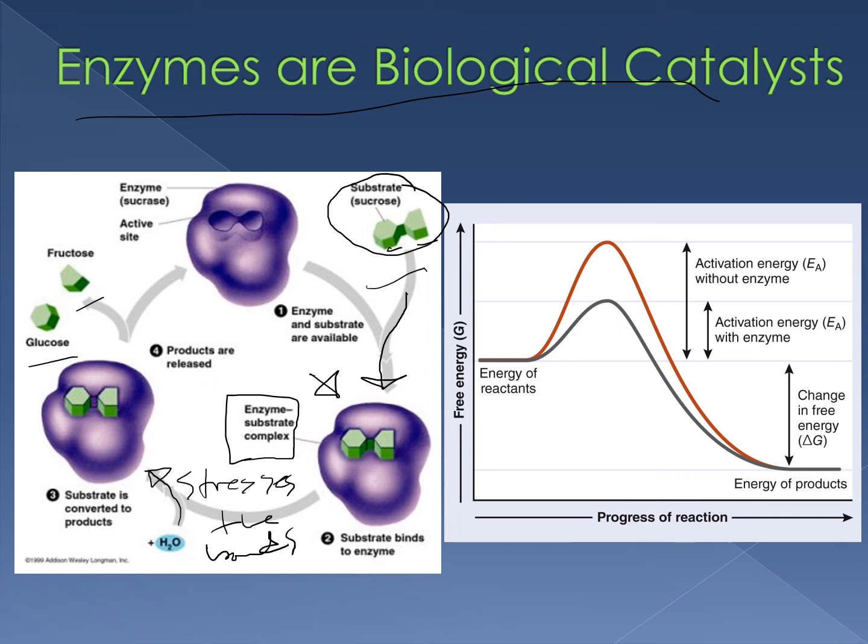It's a reactant. H2O is involved in the hydrolysis of sucrose because water is split, and that breaks this glycosidic bond between glucose and fructose, forming the products, glucose and fructose. That is all I wanted to say on this slide. I already mentioned everything we need to know about that one.